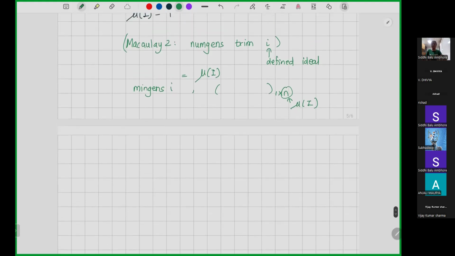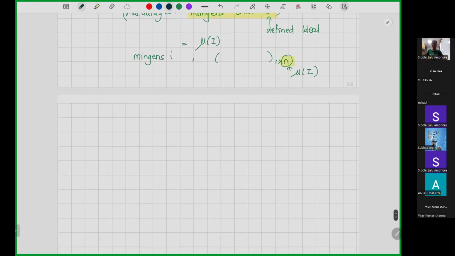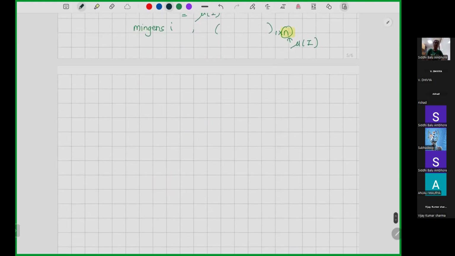But you can use at least these two methods to find your generators or the number of minimal generators. So let us move now to the next question. I hope there are no further doubts. If there are doubts, please let me know. Otherwise, we will move on.